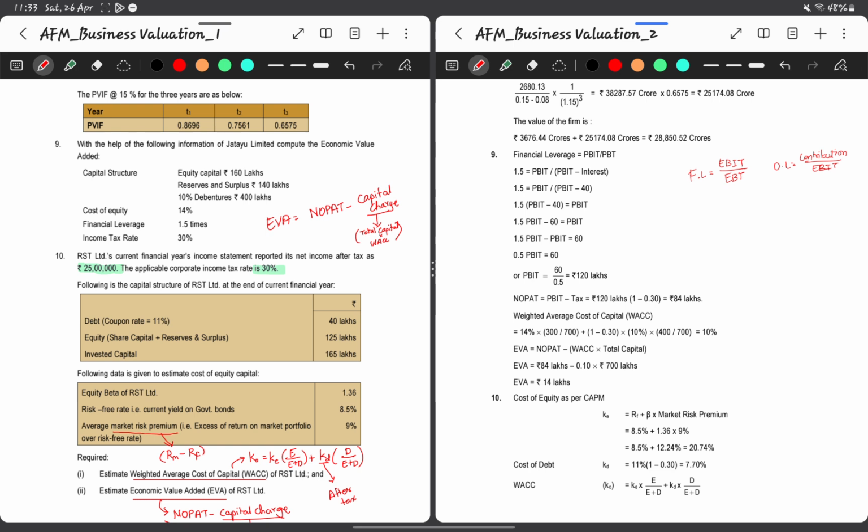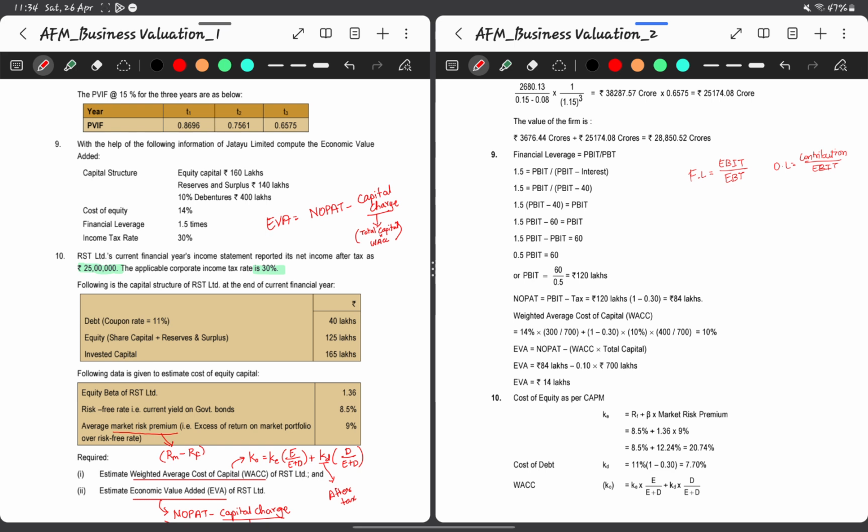So economic value added helps us find the value of a firm, not just the value of the firm, it's the value of how much the company has created beyond its cost of capital, like how over and above the cost which the company has incurred, how much value the company has created. So this NOPAT is net operating profit after tax, and we are reducing the cost of the capital invested. So using the capital, how much extra value we have created, that's what EVA, economic value added, is about.